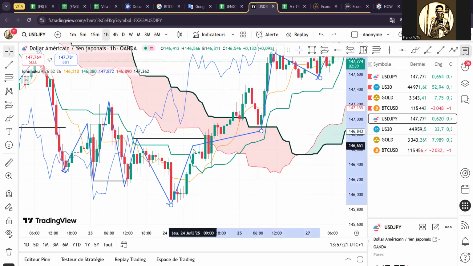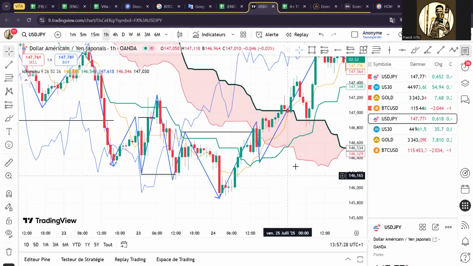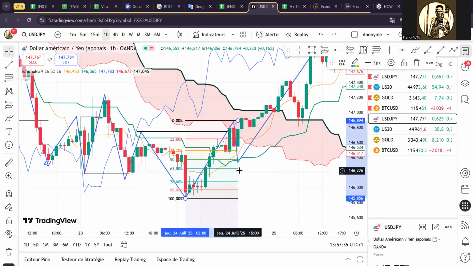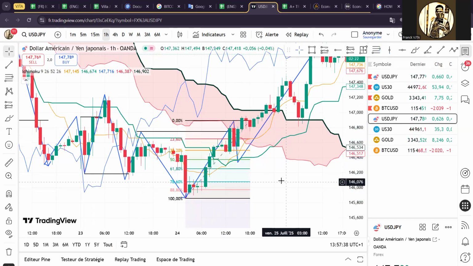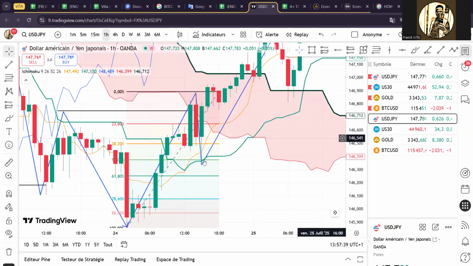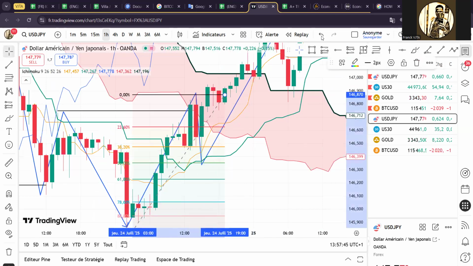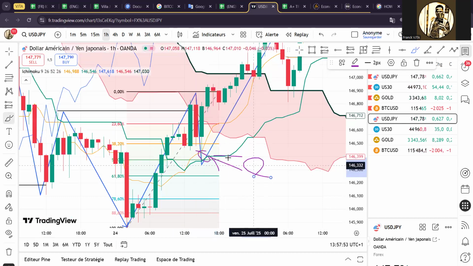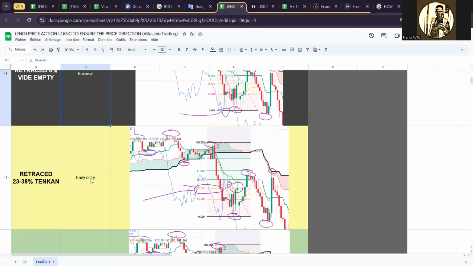We could have had something just right here like this too, because we just broke this high at this level, and then we can also have a Tenkan like this corresponding, because the price, that's the Tenkan ticket cost before the cloud, right? This was the entry. This was the entry here. And it is the early entry.